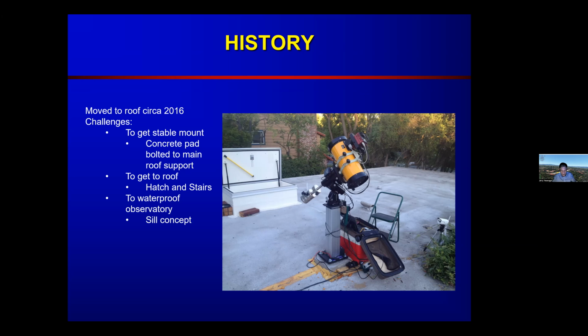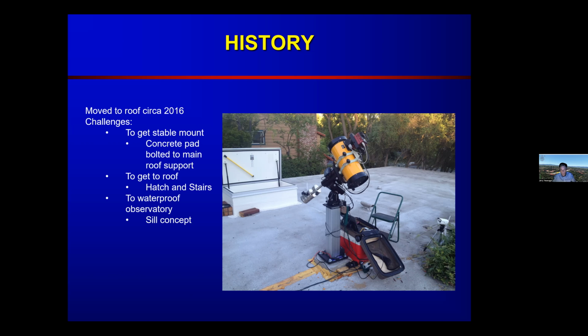So if you look at the base of that thing, you'll see, so what did I do? This is done by skilled Lithuanian craftsmen. You see the bolts. Those bolts are driven down into the main support for the roof. And I figured that I needed some inertia, so I poured 100 pounds of concrete around it.